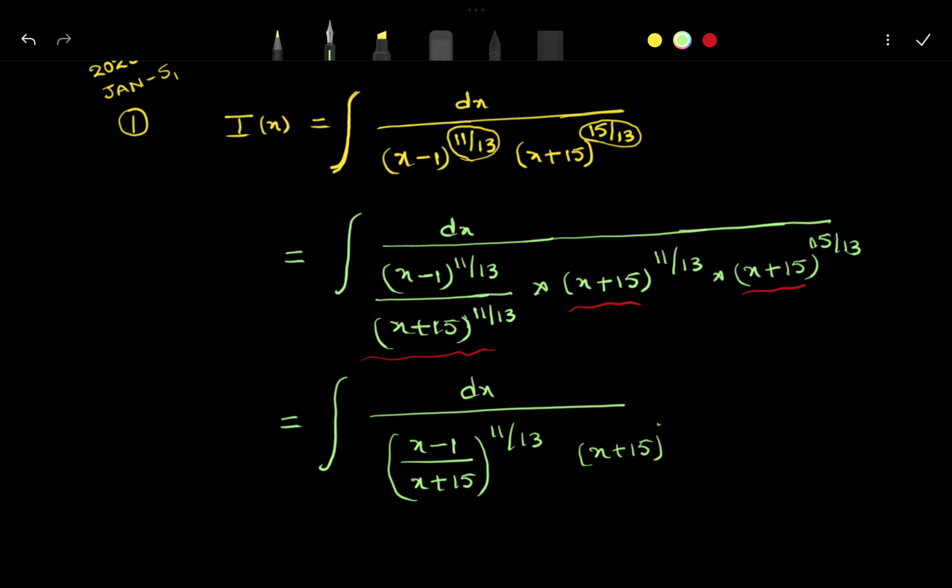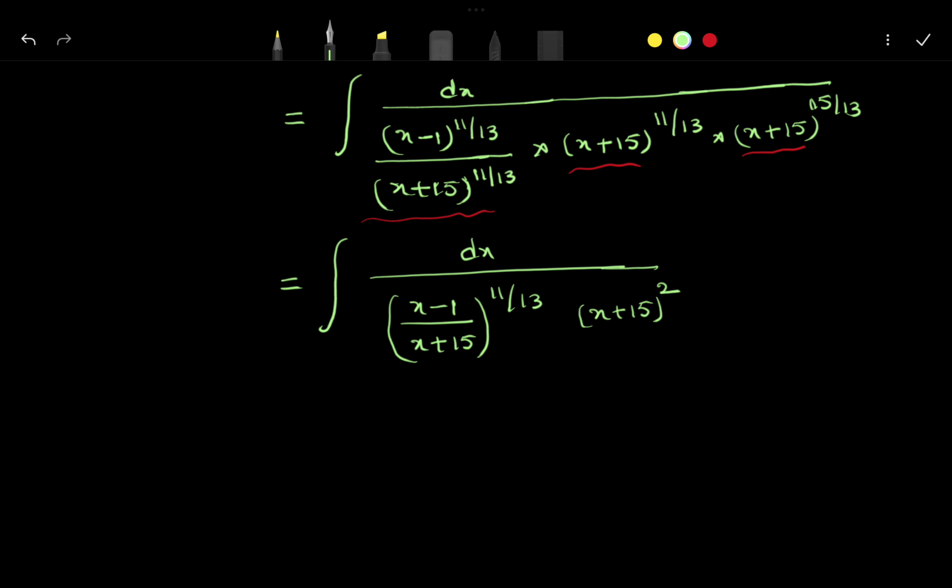Now take (x minus 1) divided by (x plus 15) as t.